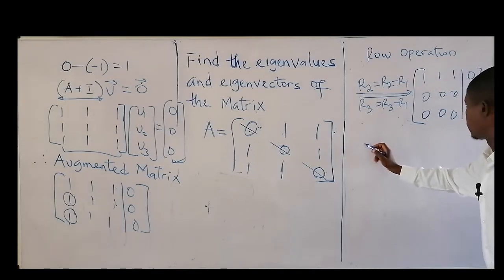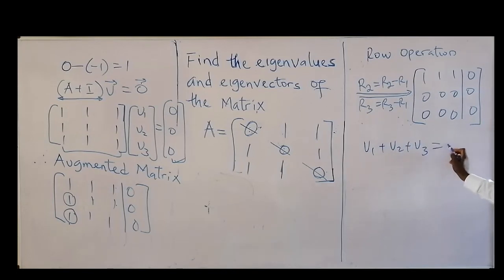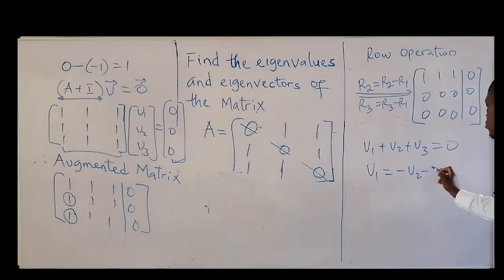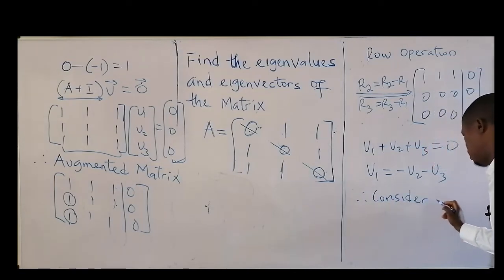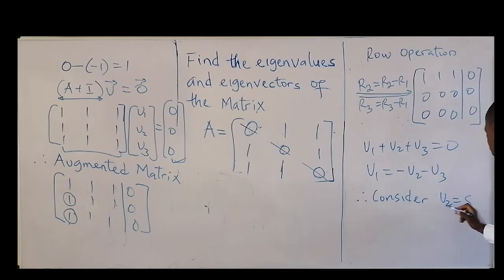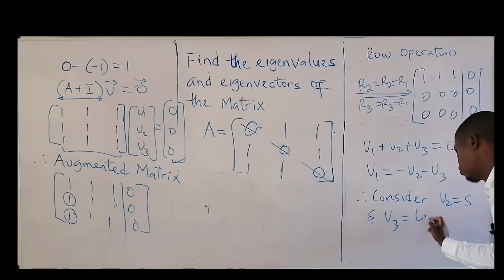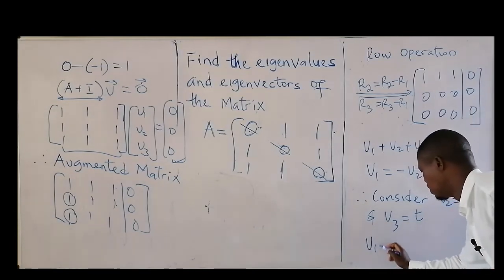So row 1 gives us U1 plus U2 plus U3 equal to 0, and that gives us U1 equal to minus U2 minus U3. So let us consider U2 to be X and U3 to be T.